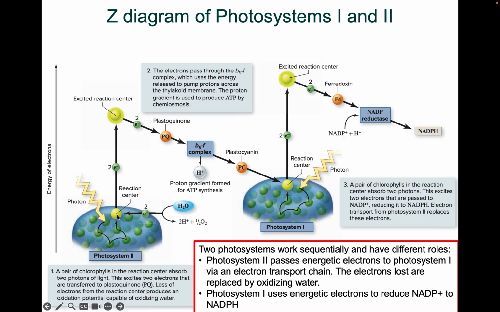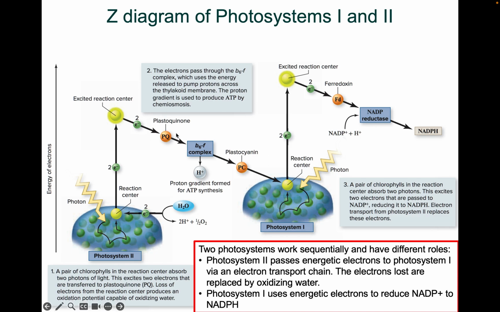The chlorophyll here is going to be super reactive and release two electrons, because it has two chlorophyll A molecules. The two chlorophyll A molecules get excited and pass two electrons. These two electrons then pass into plastoquinone, which is an electron carrier, very similar to the quinone we saw before.